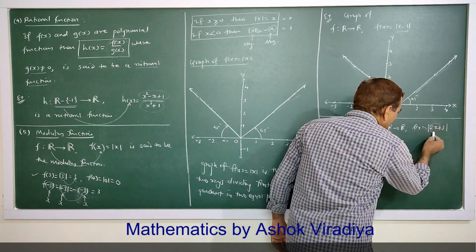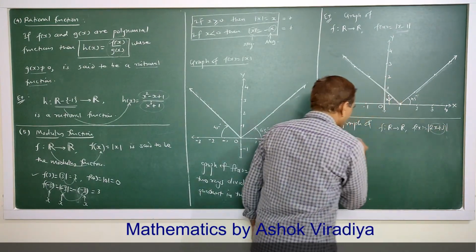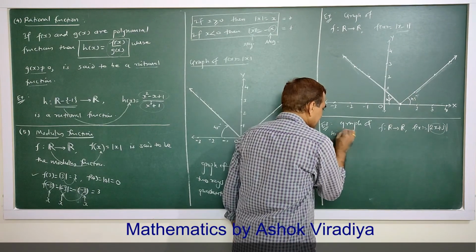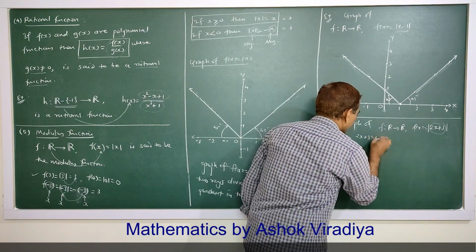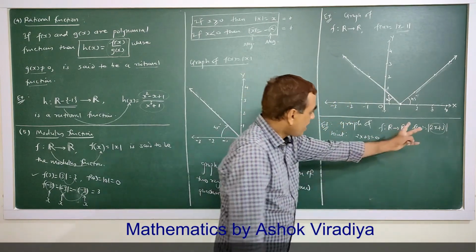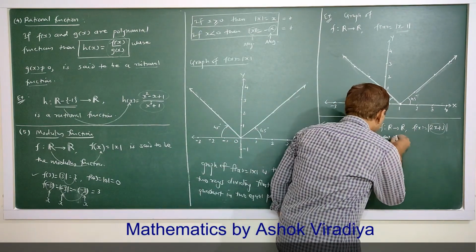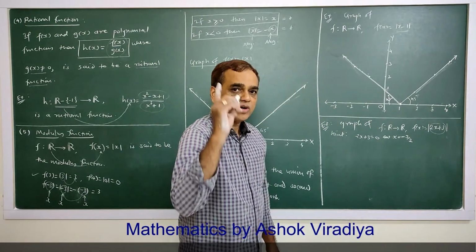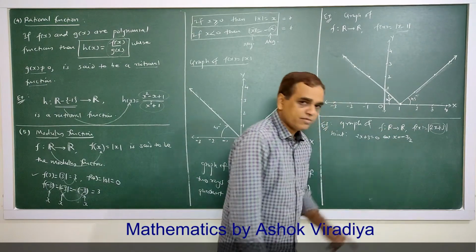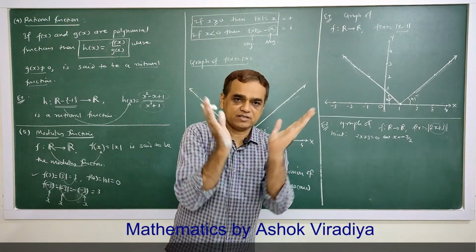Check for which x this is 0. So here the hint is, for which value of x is 2x plus 3 equal to 0. 2x plus 3 is 0 if x is minus 3 by 2. So on the x-axis at minus 3 by 2, create a corner.